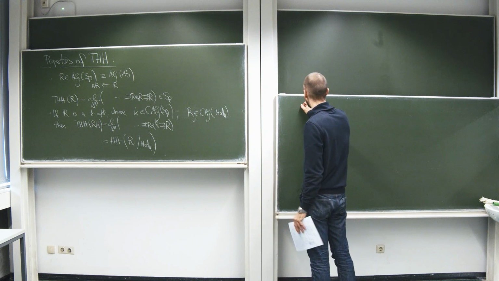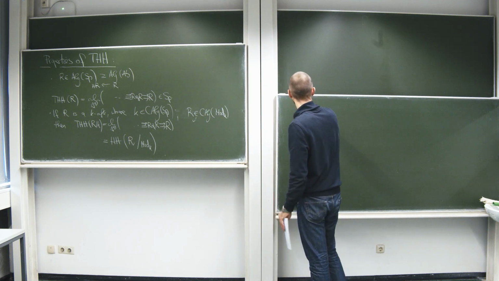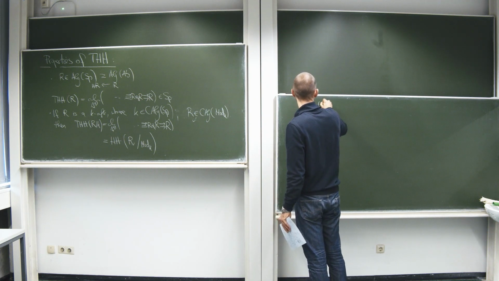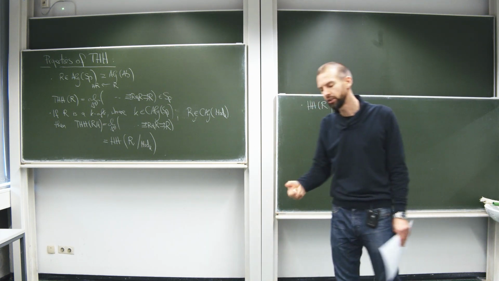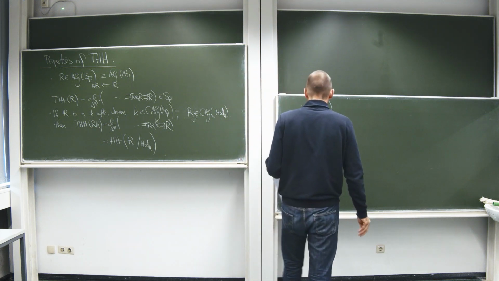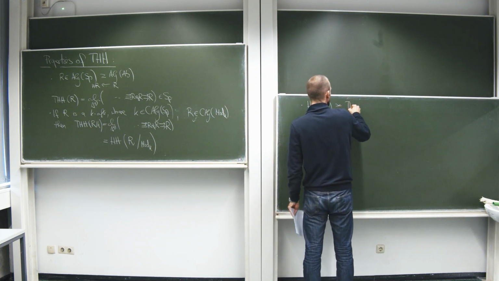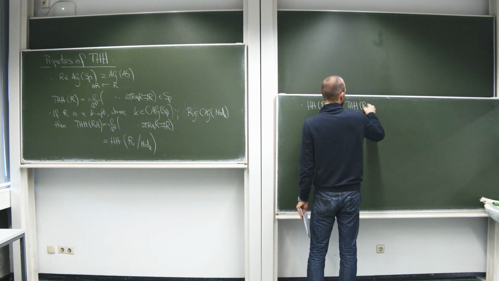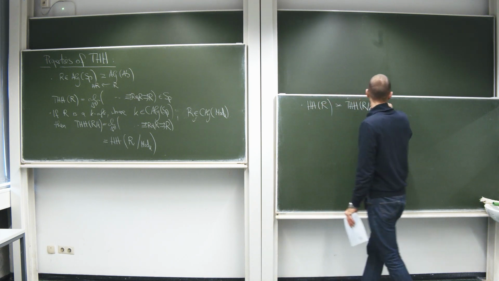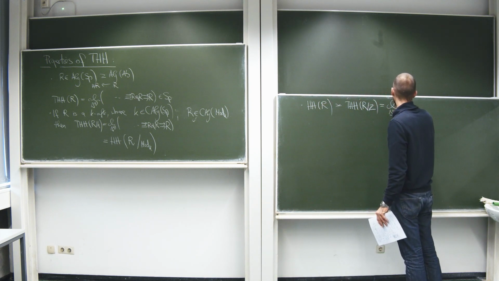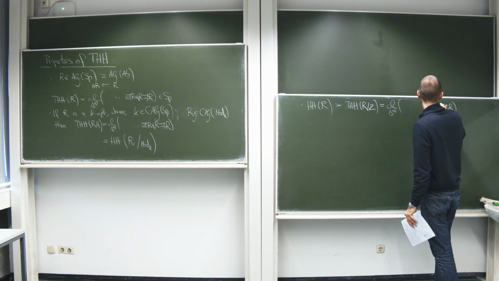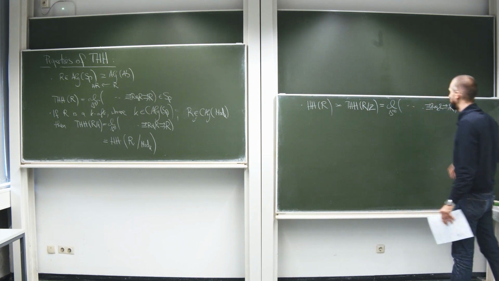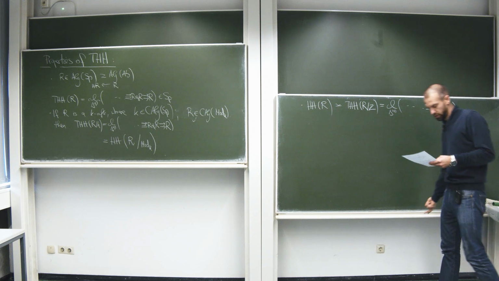And a specific instance of that is ordinary Hochschild homology of R, relative to the integers, which we defined to be the cyclic bar construction in the derived category. This is now equivalent to THH(R) relative to the integers, which is then the colimit over Δ^op of the cyclic bar construction, where we have R tensor over Z of R. And that makes sense as soon as R is a Z-algebra, for example, if R is an ordinary ring.